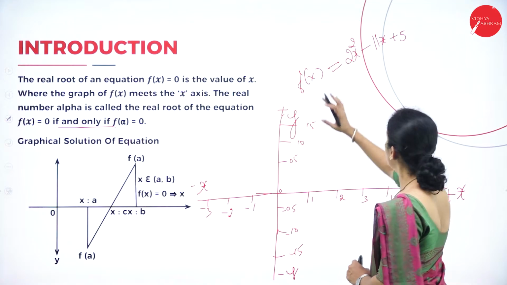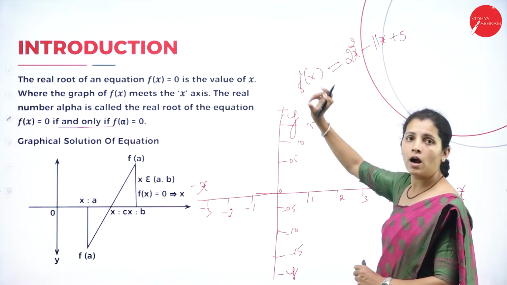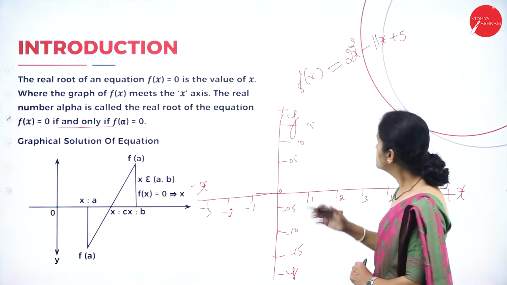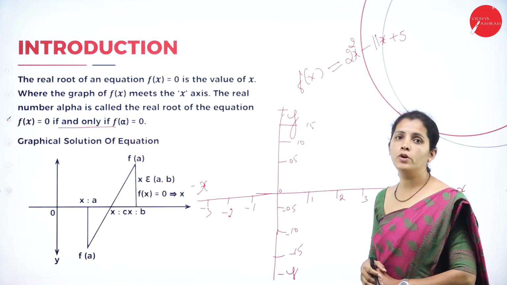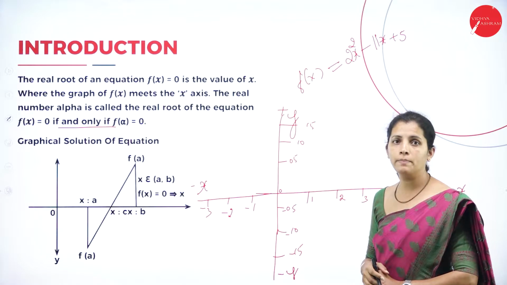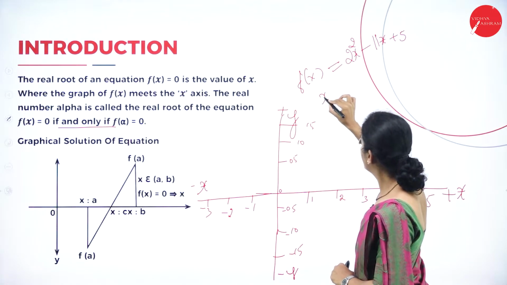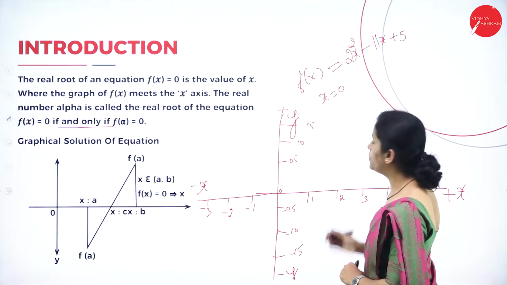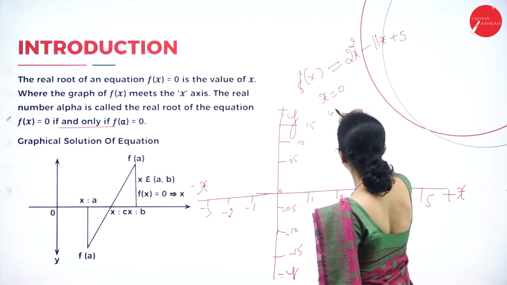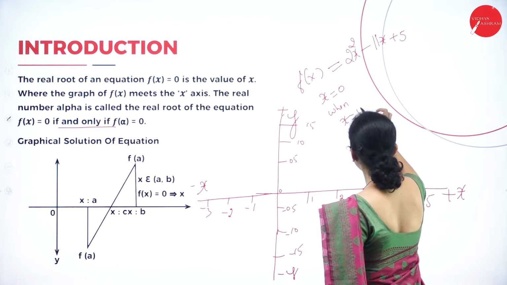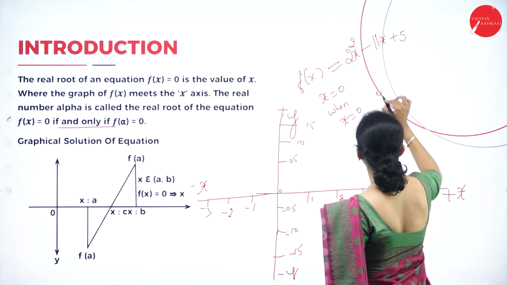Now this is my equation. Now I want to find out x value. So what I'm going to do, I'm going to use trial and error method. So I'm going to start substituting x equal to 0. Now when x equal to 0, what about y?